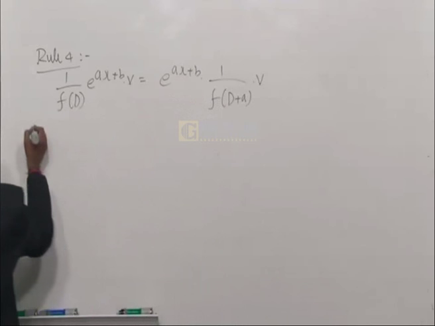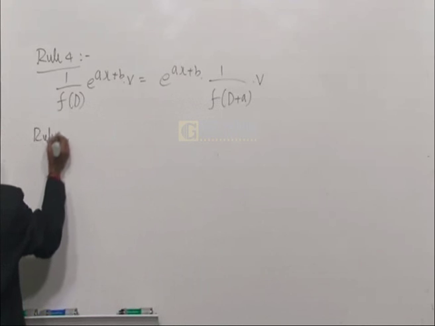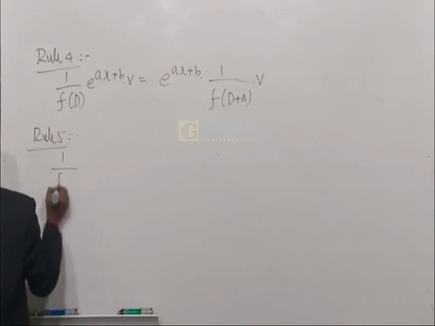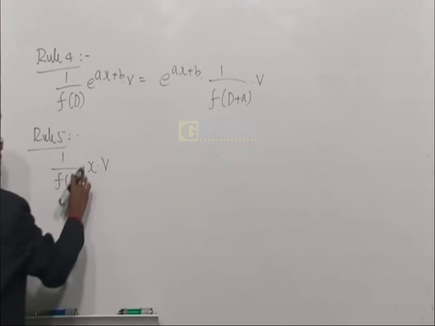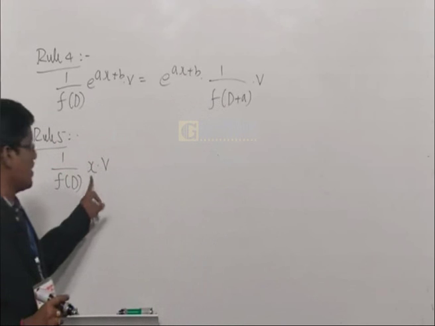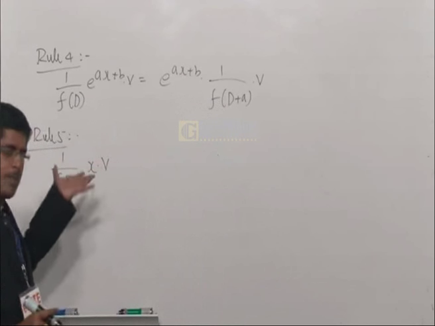Okay. Rule 5. 1 over f of d, x into v. Here in the product one of the terms is x, the other we don't know, depending on the problem.